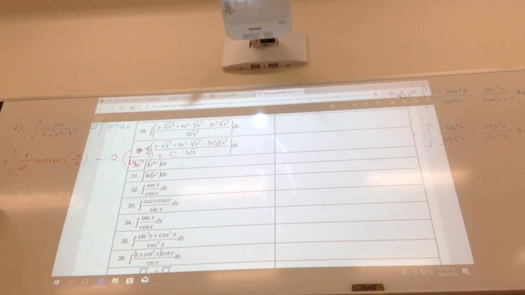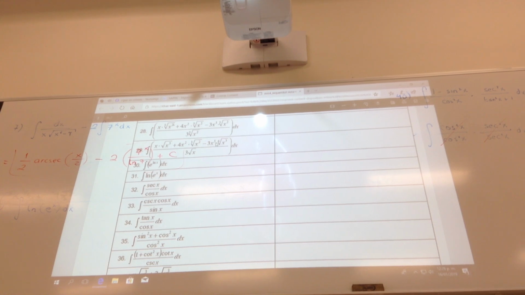Last type of integral is that if I have, for example, ln of e to the x. Okay, ln of e to the x, what do I do? Simplify how?